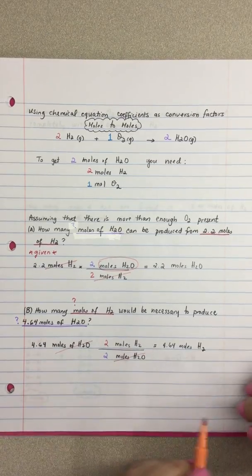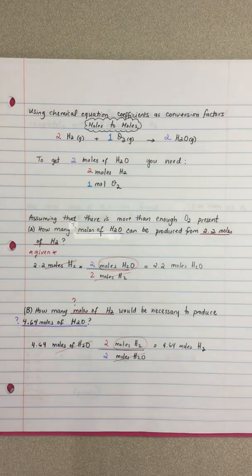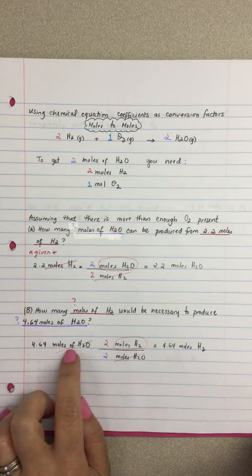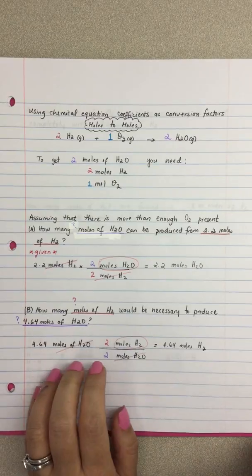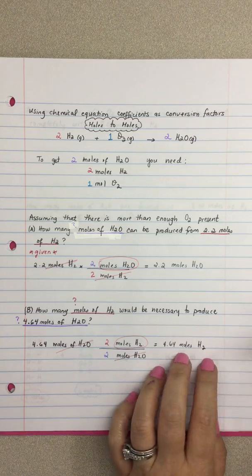That cancels out with that, and what you have now is the moles of hydrogen. To get 4.64 moles of water, you need 4.64 moles of hydrogen.